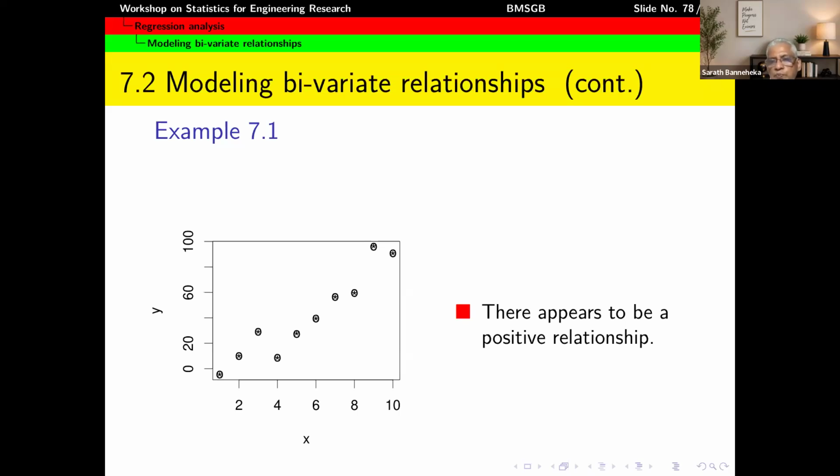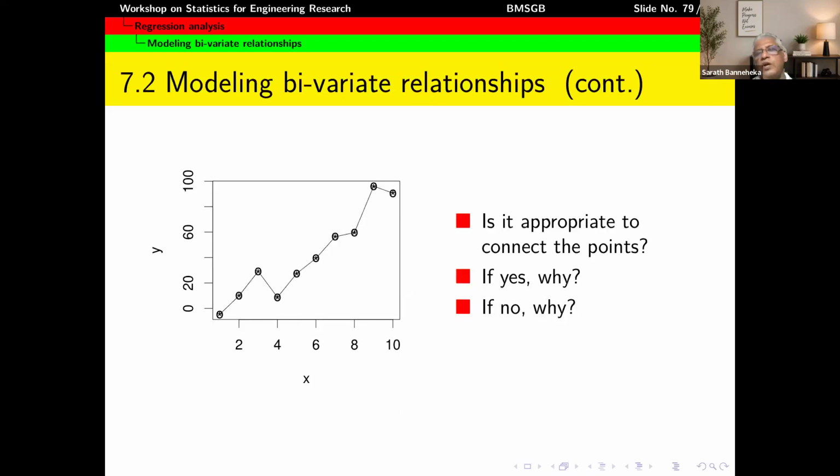So the pattern you will see by connecting the points is not the real relationship between X and Y, right? Therefore, I would advise not to connect the points unless it is really necessary.